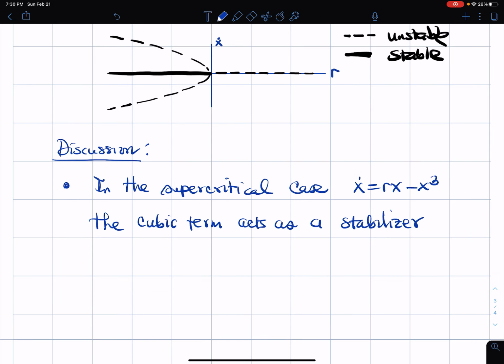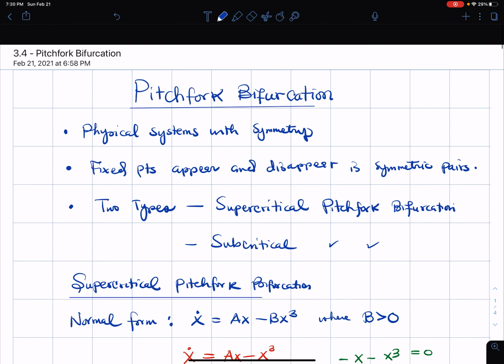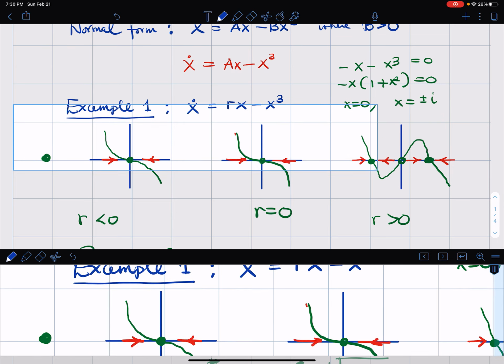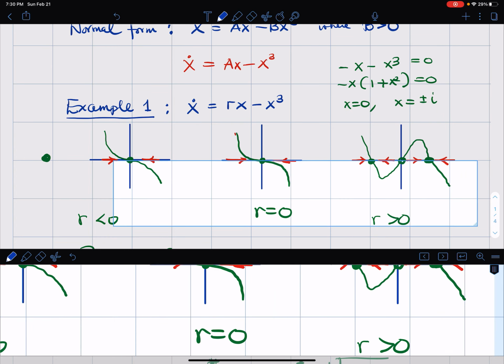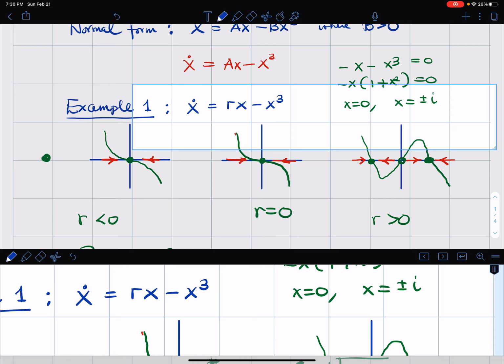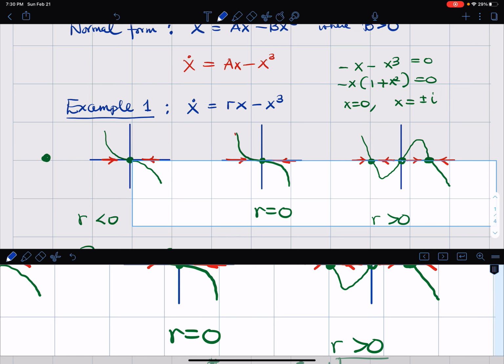So what does that mean? Think about it this way.